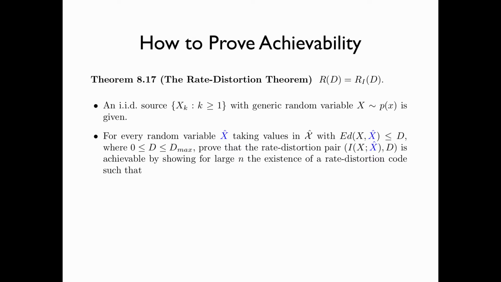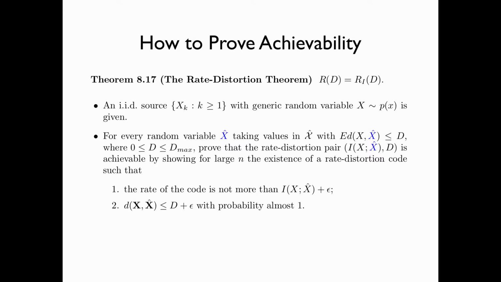For every random variable X̂ taking values in the alphabet X̂ with expected distortion between X and X̂ less than or equal to D, where D is between 0 and D_max, we will prove that the rate distortion pair (I(X;X̂), D) is achievable by showing that for large n, there exists a rate distortion code such that the rate of the code is not more than I(X;X̂) + ε, and the distortion between the source sequence X and the reproduction sequence X̂ is less than or equal to D + ε with probability almost equal to 1.